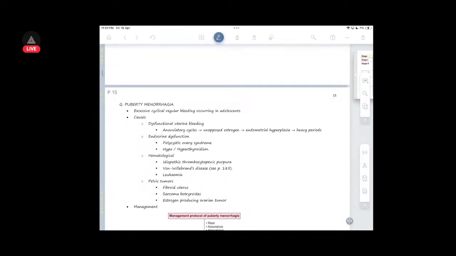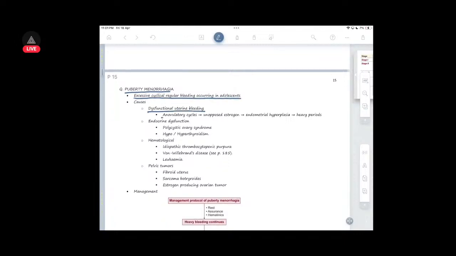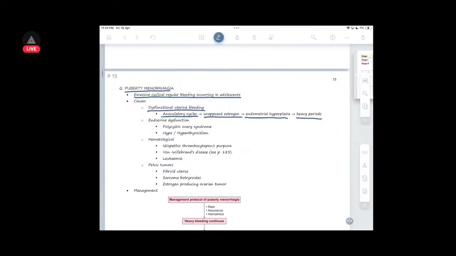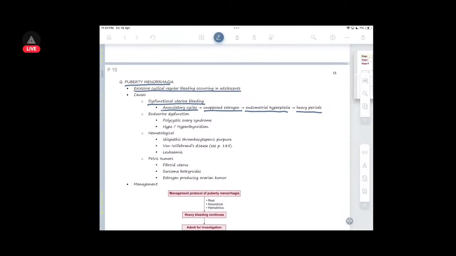Okay. So puberty menorrhagia, which is excessive cyclical regular bleeding occurring in adolescence, is caused due to dysfunctional uterine bleeding, and anovulatory cycles will be there, unopposed estrogen will be there, endometrial hyperplasia and heavy periods will be there. Then you have endocrine dysfunction, which is polycystic ovary syndrome, and hypo or hyperthyroidism.